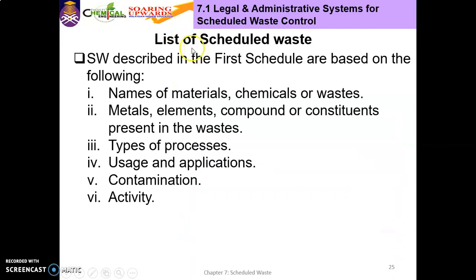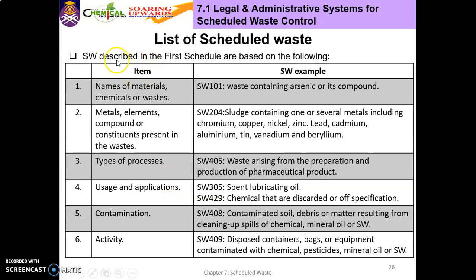The list of scheduled waste is described in the First Schedule, based on the names of materials, chemicals, or waste, and also based on metals, elements, compounds, or constituents present in the waste, type of processes, usage and application, contamination, and activity. For example, scheduled waste described based on the name of materials, SW101.